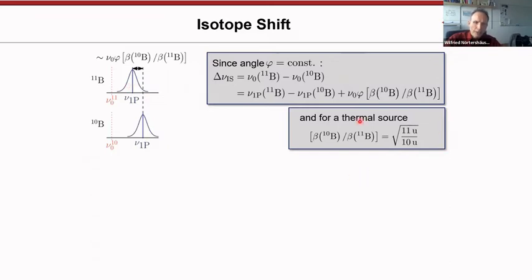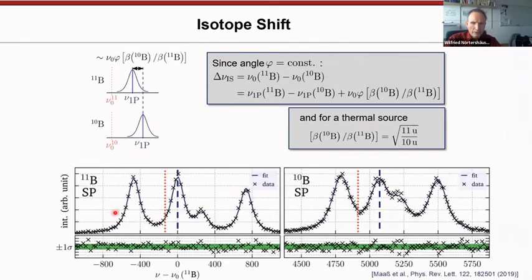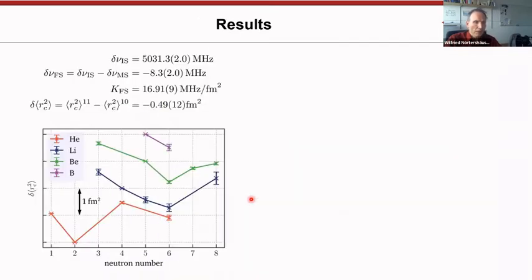But we know exactly how the thermal velocity scales with the mass, so we can use the square root of the mass ratio in order to calculate the respective frequency shift. And so we can do a direct comparison between boron 10 and boron 11, and from that we get the isotope shift between the two.